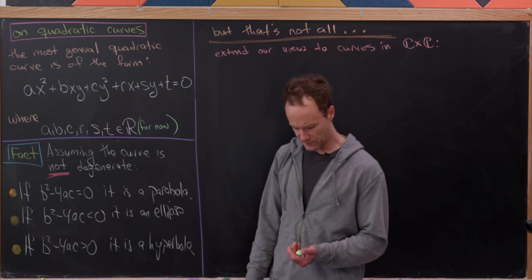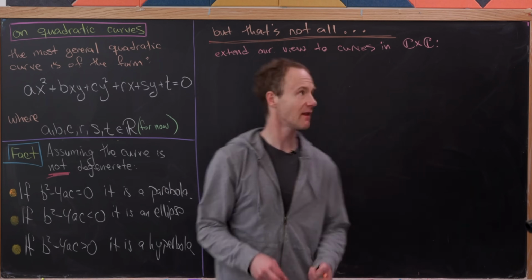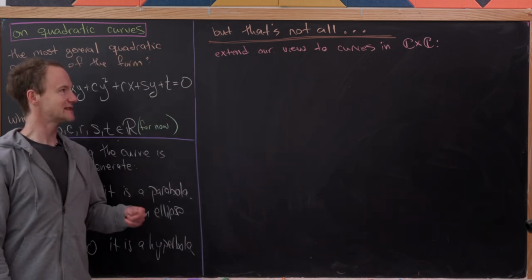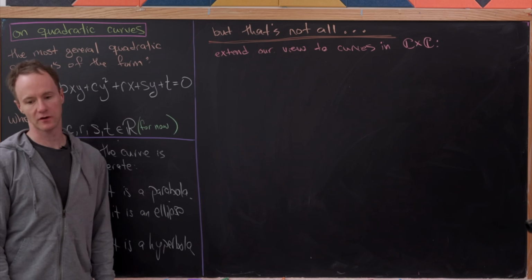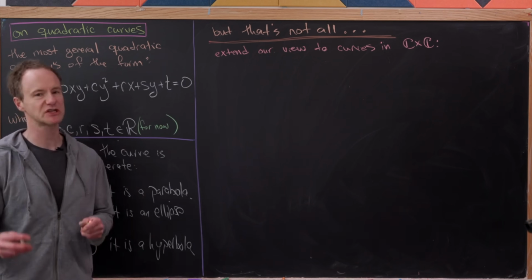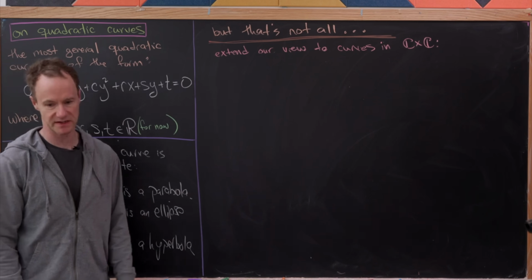Okay, so now before we finish up, I'd like to do a little bit more. And that is, let's extend our view to curves in the two-dimensional complex space, which is four-dimensional real space.